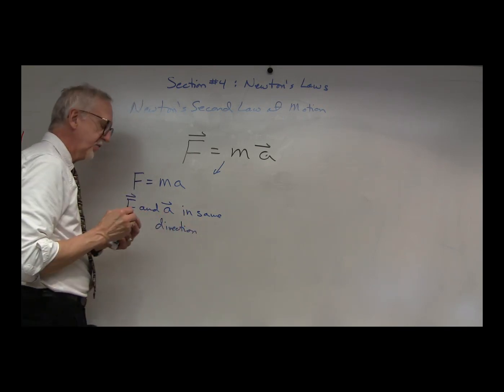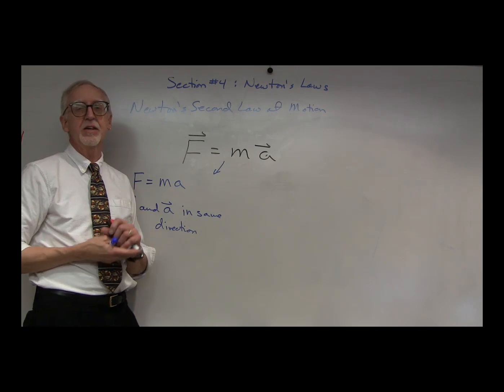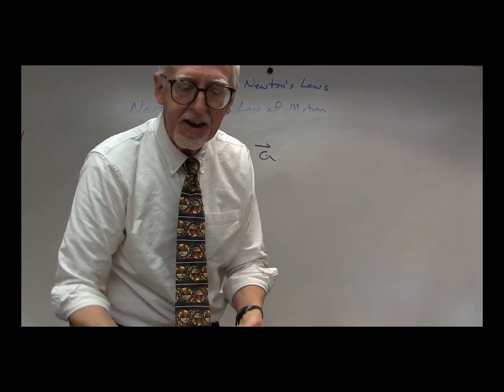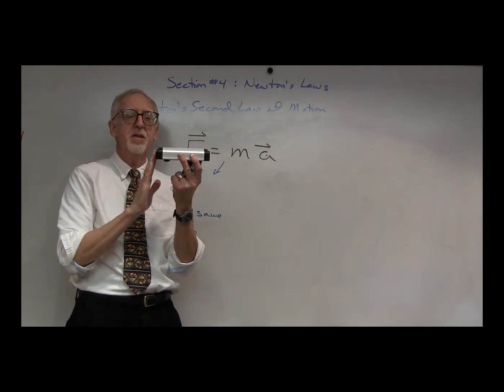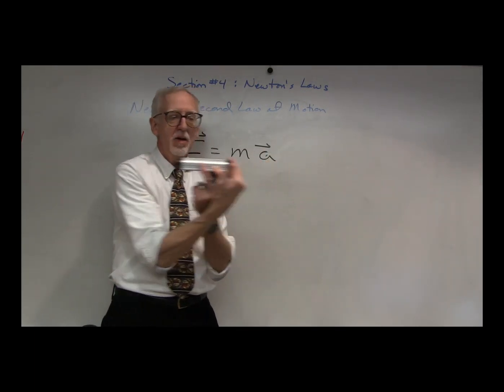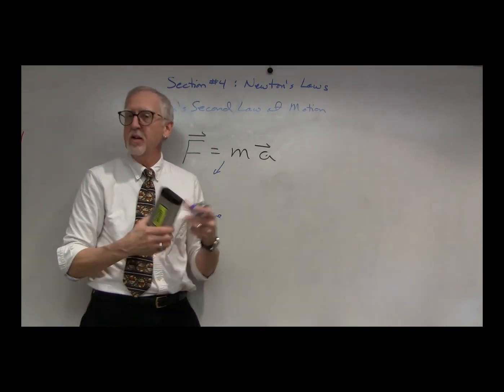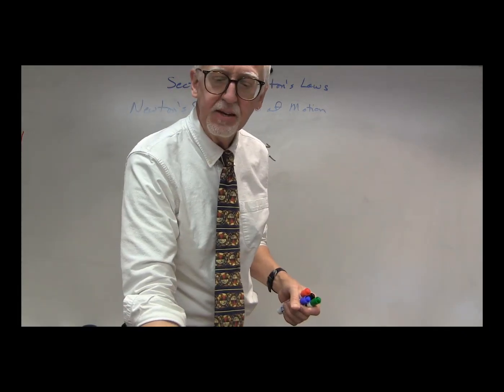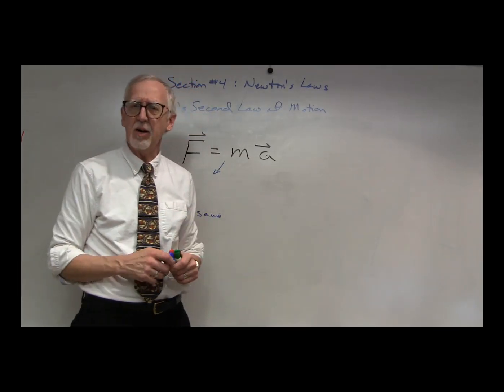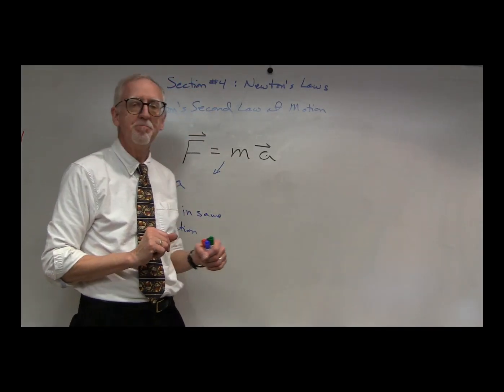So whatever direction the net force is, that's going to be the direction of the acceleration. Simply speaking, that makes sense. If I have an object like the cart and I push on it this way, it's going to accelerate that way. If I push on it this way, it's going to accelerate that way. So that kind of makes sense. But it can be a little bit more complicated than that. It can be a lot more complicated than that, as we'll see later on. So we'll talk some more about this later.